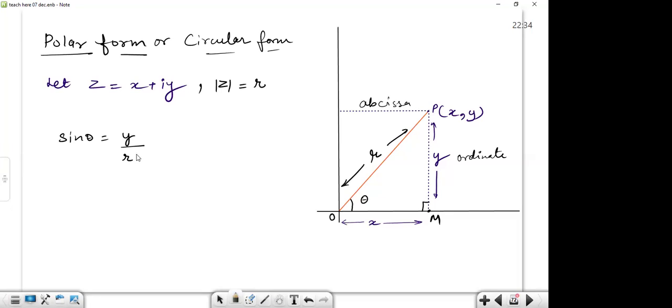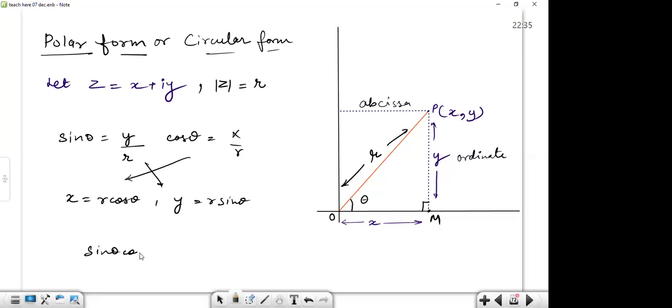Cos theta becomes the base, which is X over R. So simply, X has become R cos theta and Y has become R sine theta. Clear? Any doubts? No, sir. I hope you are aware of the formula trick.